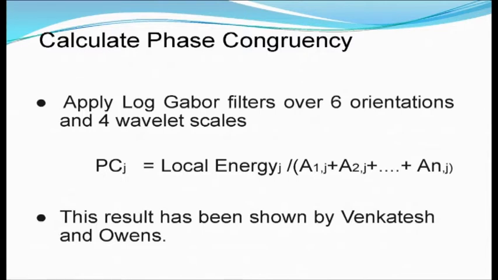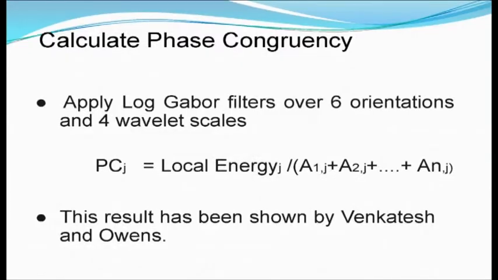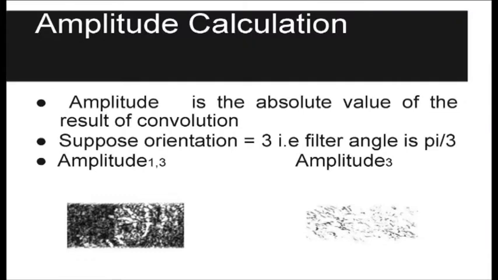So to calculate PC, we need local energy and amplitude. First, to calculate amplitude, when we apply the log-Gabor filter, we get real and imaginary values of the convolution result. Amplitude is nothing but the absolute value of the result.